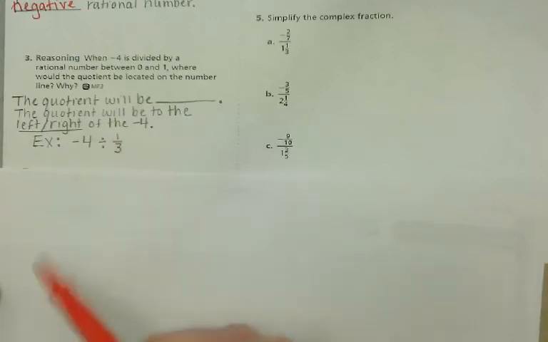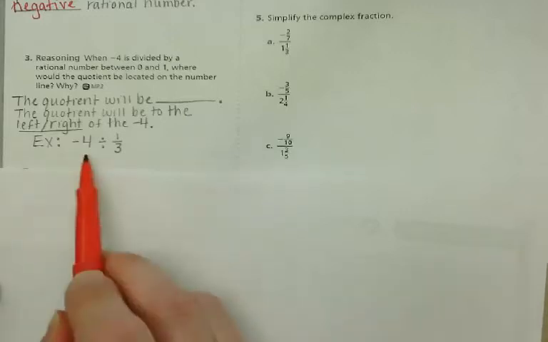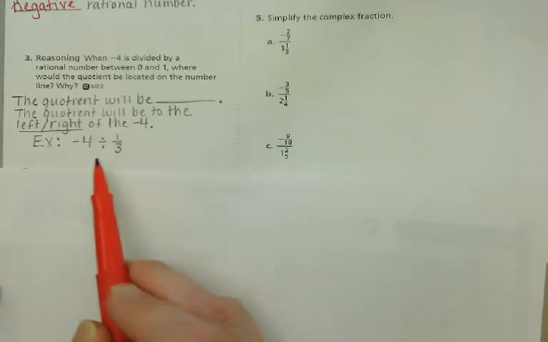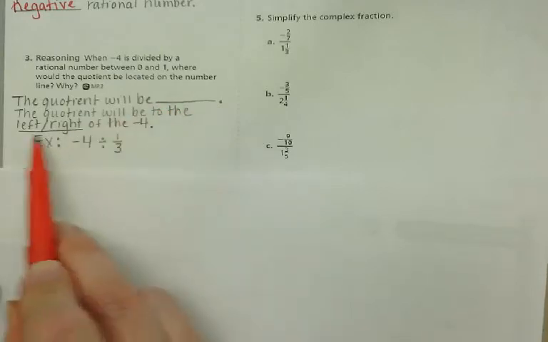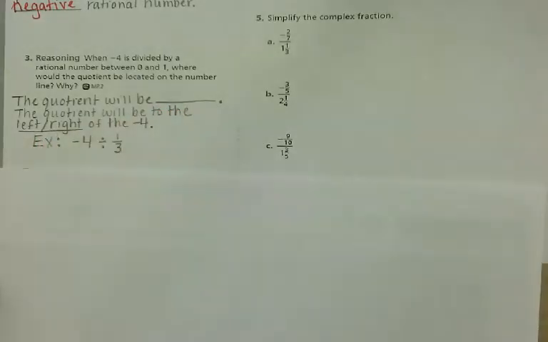So I picked a positive 1/3. You can use this example to help you fill in the missing word and to circle the correct answer. Okay, take a minute or so, think about that, fill it in, and we'll discuss in a moment.